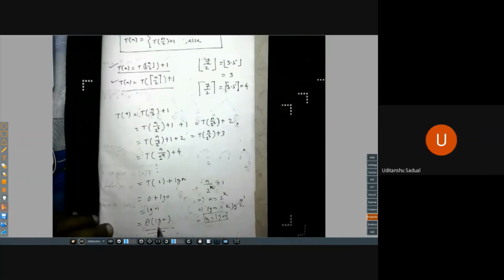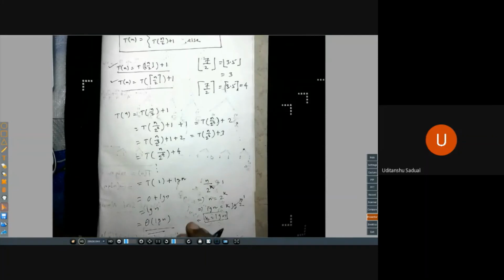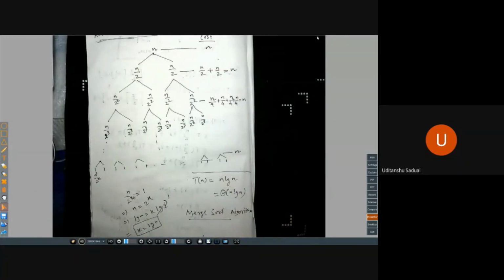Excuse me, sir. Tell me. Ask the question. Sir, in the recurrence tree method, we are also counting the starting n. So there will be a total of log n base 2 plus 1 n's.